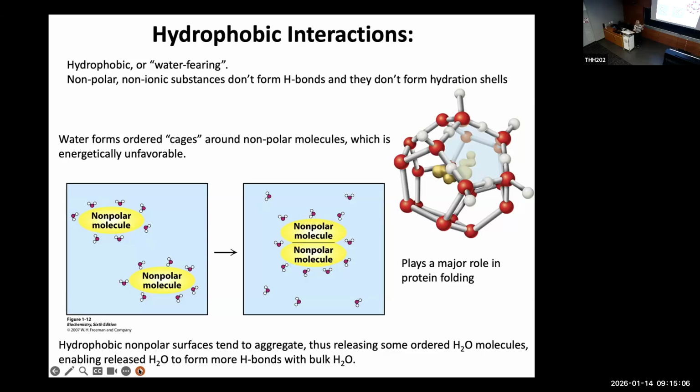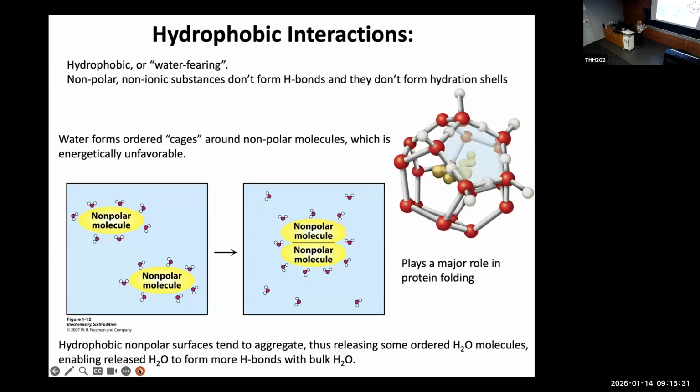Okay, so the hydrophobic effect, when you're mixing a hydrophobic molecule with water, is to limit the number of cages. So that limits the number of times water has to be ordered like this. And so what happens is that nonpolar molecules tend to glom together so that the cage structure is limited in size.